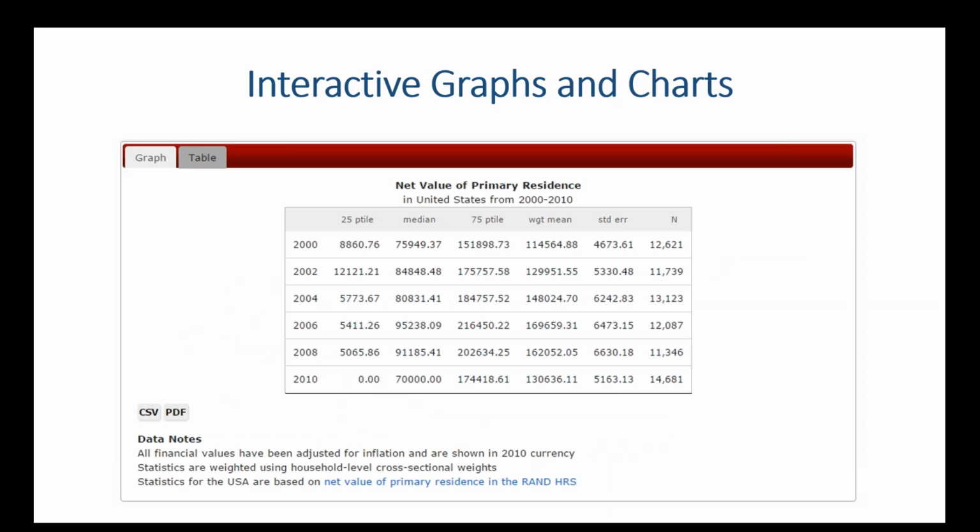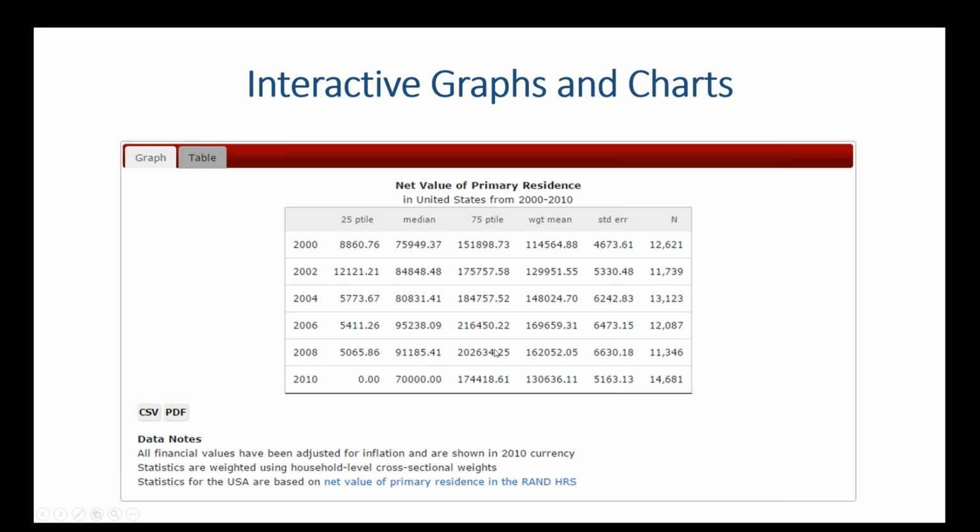And here's an example over a different set of years. This is the net value of primary residence in the U.S., and we've compared it between 2000 and 2010. This is using HRS data, and you can see, looking at both the median and the mean, that housing prices generally continued to increase until 2006.